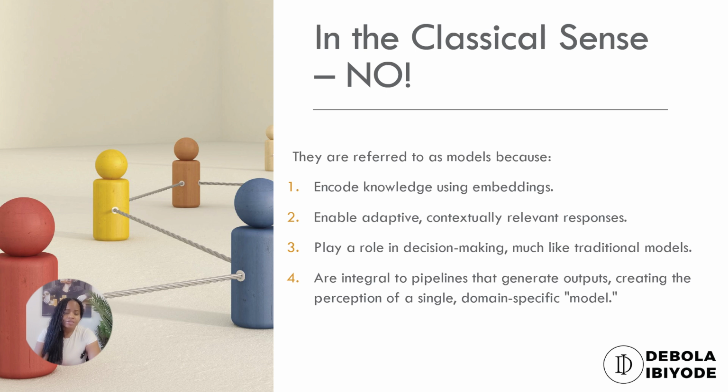So that is one reason why RAG indexes are referred to as models. Another reason is because they also play an important role in decision making, just like a traditional AI model would. So they have a lot of semblance to an AI model.